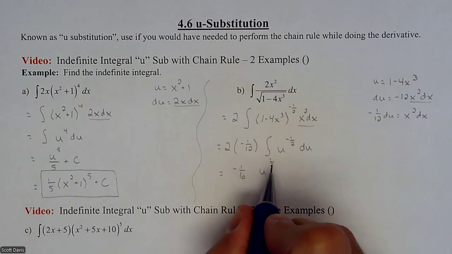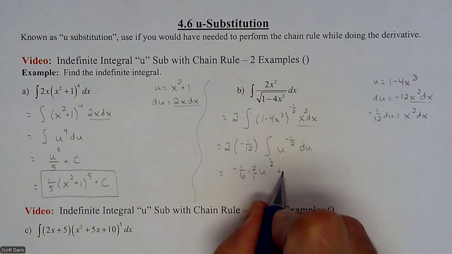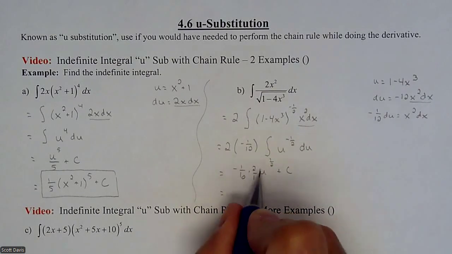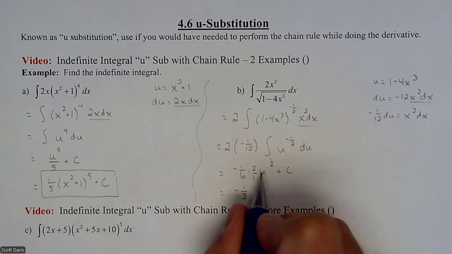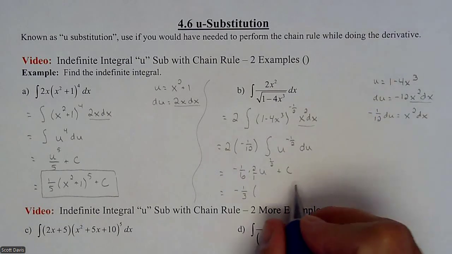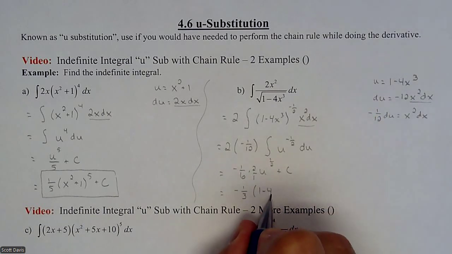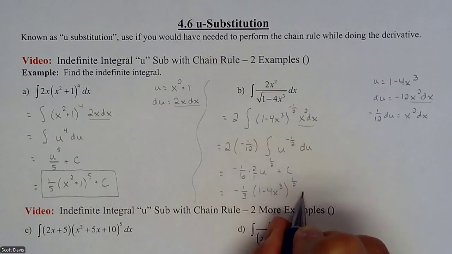But instead of dividing by 1/2, let's multiply by its reciprocal. That simplifies out to negative 1/3. And then instead of u, we would have 1 minus 4x to the third, to the 1/2 power, plus c.